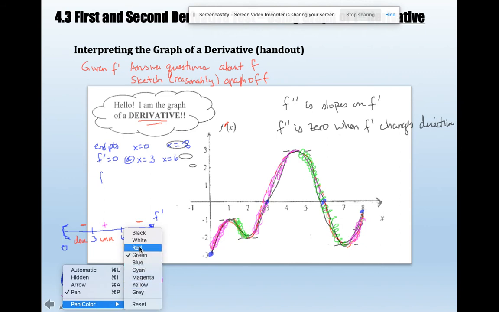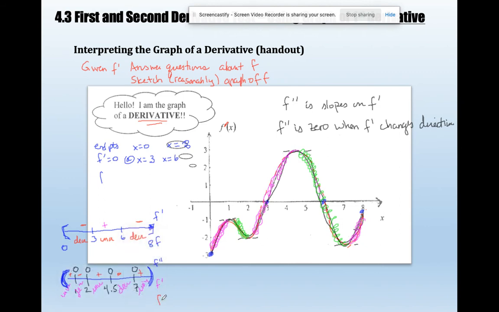But what does that say about the original? When the second derivative is positive, the first derivative is increasing, and the original is concave up. When the second derivative is negative, the first derivative is decreasing, and the original is concave down.